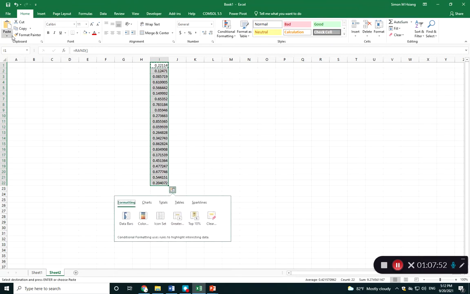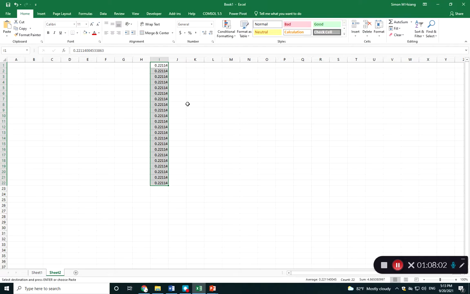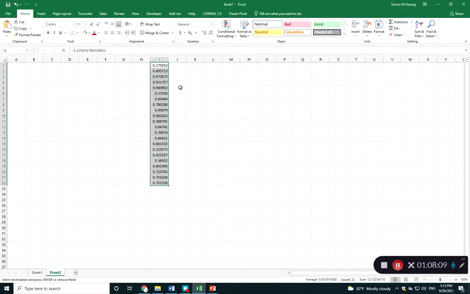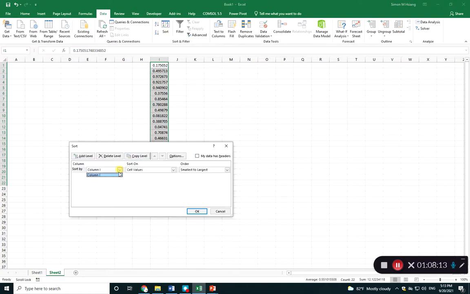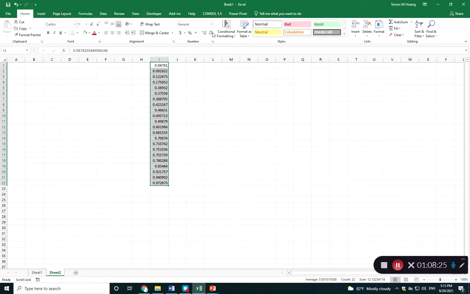Paste special, values. Then sort the data from good to bad. And then here are the total number of students, and here are their grades.